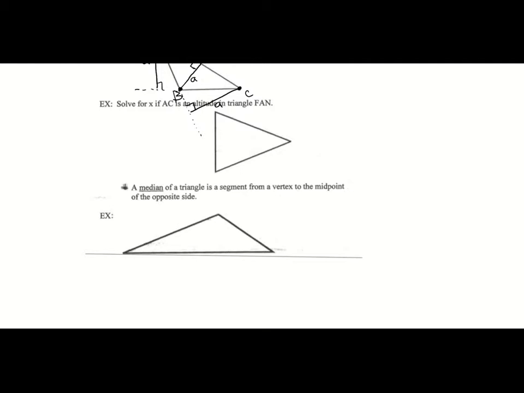We have AC as our altitude, FAN is our triangle, and it tells us that this angle right here is 3x minus 30. Okay, so we want to solve for x if AC is an altitude.